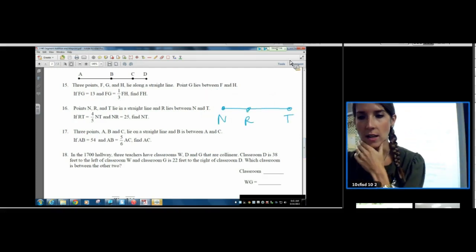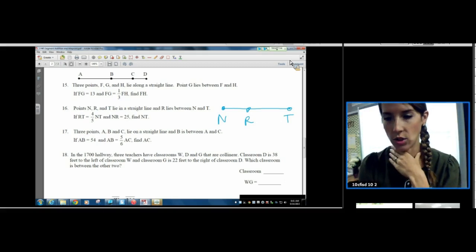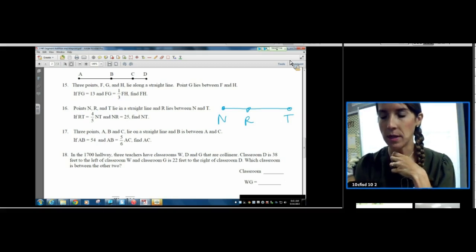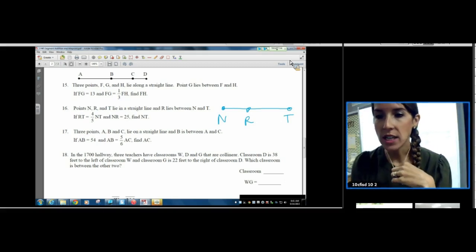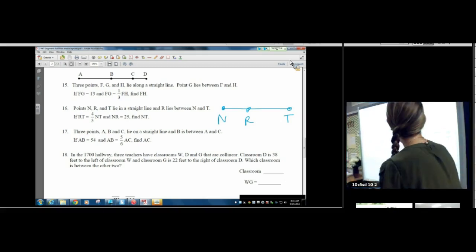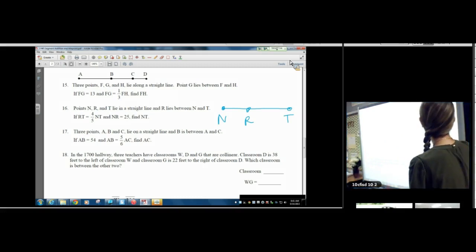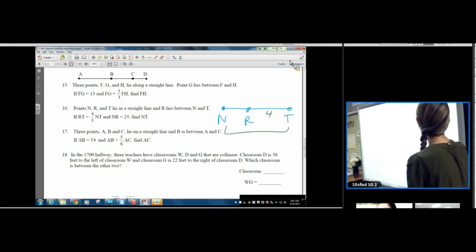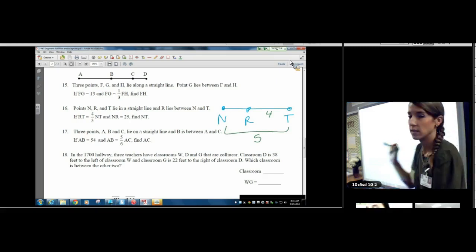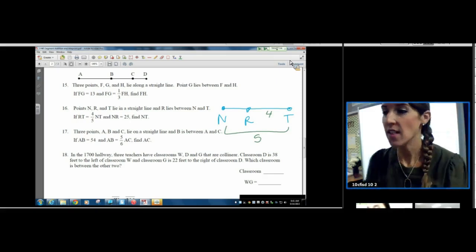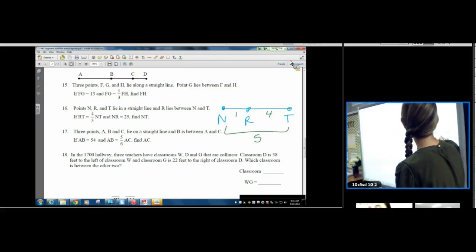All right, 16. N, R, and T lie in a straight line, and R lies between N and T. If RT is 4/5 of NT, so RT gets a 4 and NT gets a 5, 4/5. It's 4 out of 5. That means this is 1 out of 5 because part plus part equals whole.